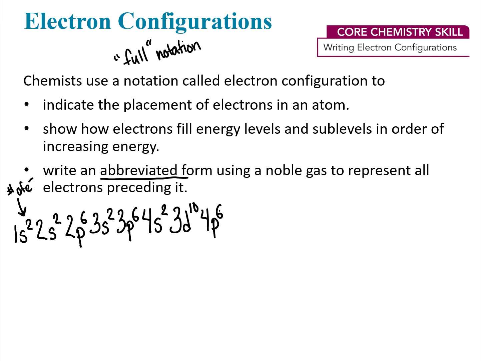We've just covered all of the elements through the 4th period on the periodic table. Now we're on the 5th period. It's going to repeat in a similar way. You fill the 5s, then you fill the 4d, then you fill the 5p.